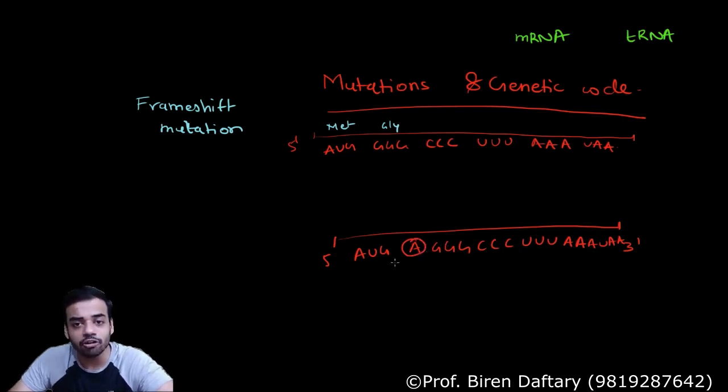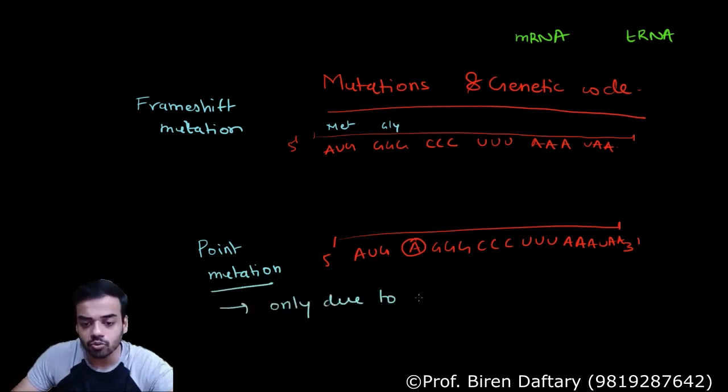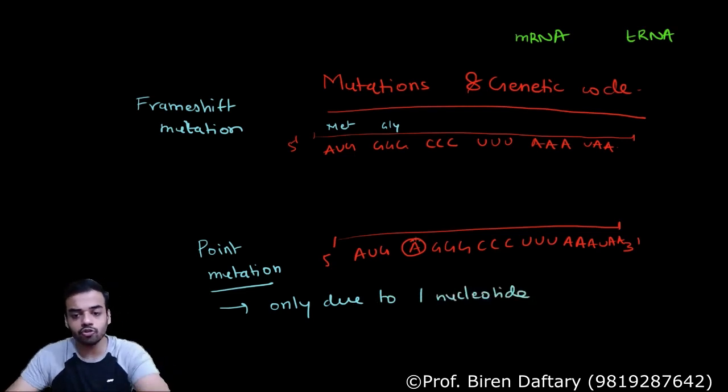So the mutation is caused due to addition, insertion or removal of only one nucleotide. See, if only one nucleotide is causing the mutation, removal, addition, anything, then it is called a point mutation. So what is a point mutation? A point mutation is a mutation caused only due to one nucleotide. If the mutation is because of more than one nucleotide, it will not be called a point mutation.